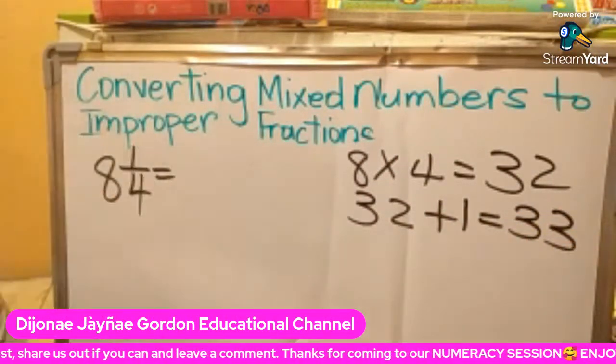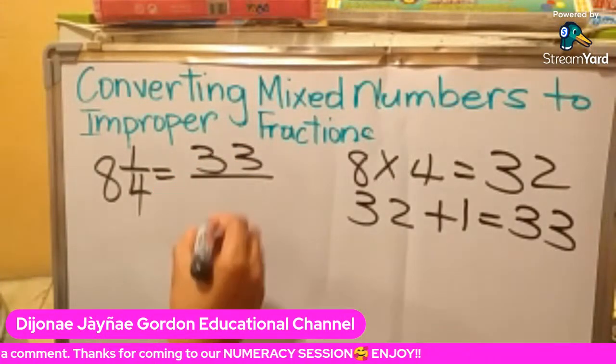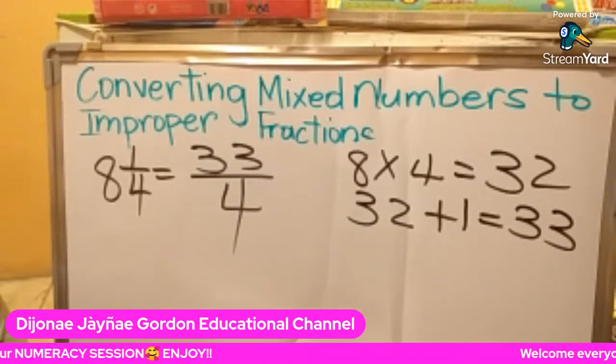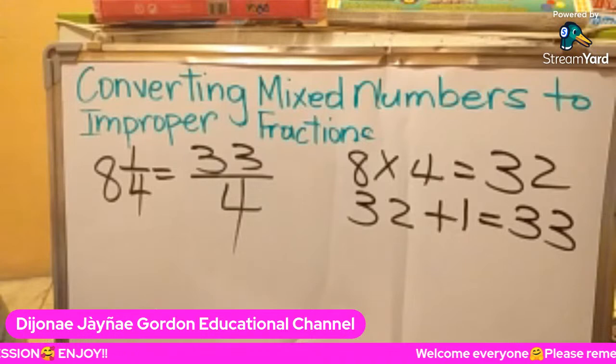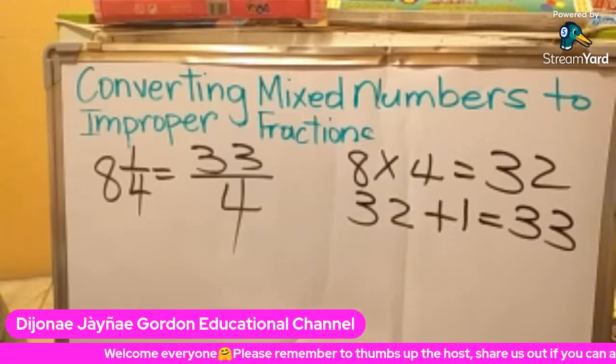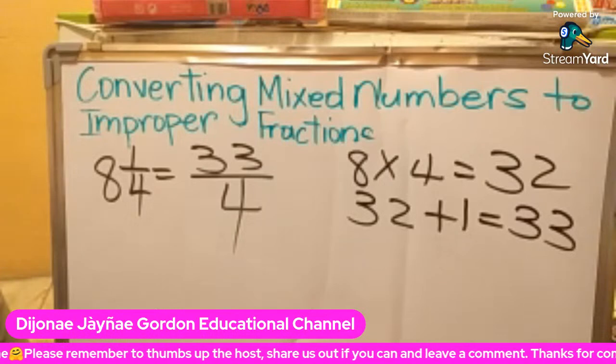So 33 is now going to be your numerator, and 4 will remain the denominator. So 8 and 1 over 4, or 8 and a quarter, is equal to 33 over 4. And 33 over 4 is now the improper fraction.